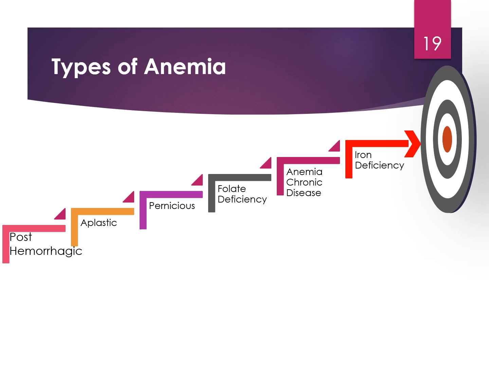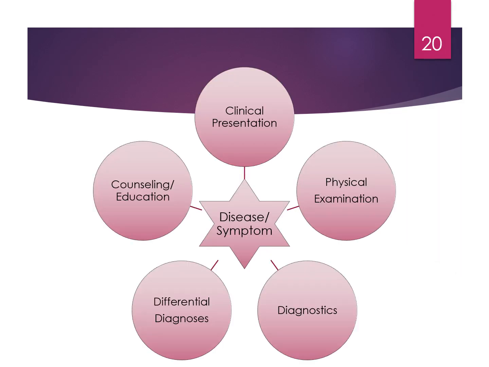But before we begin to talk about these anemias, I would like you to put this framework in your mind whenever you're thinking about an anemia. You have a patient who presents with either some type of disease or symptom. They present to you clinically. You do a physical exam on that patient.